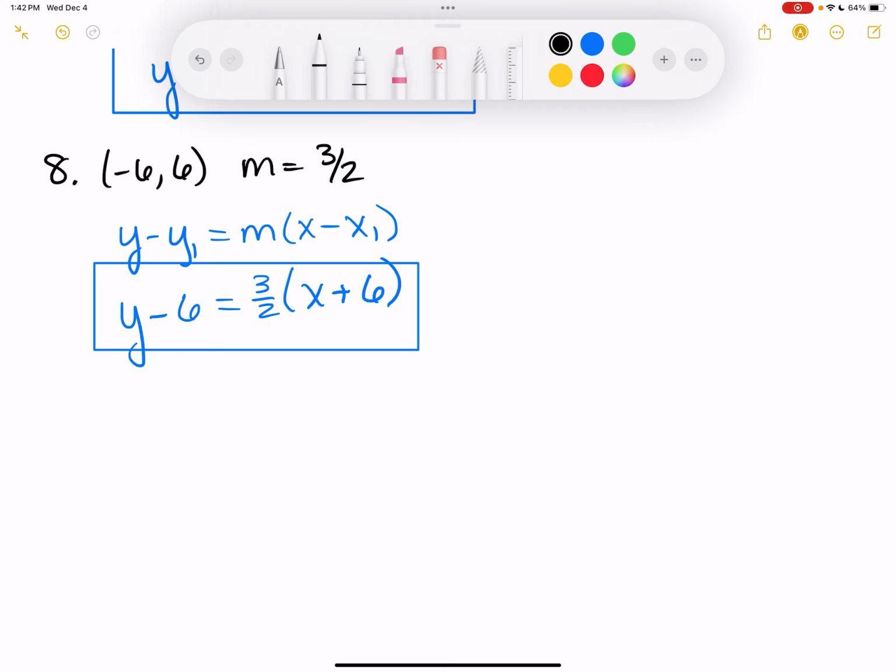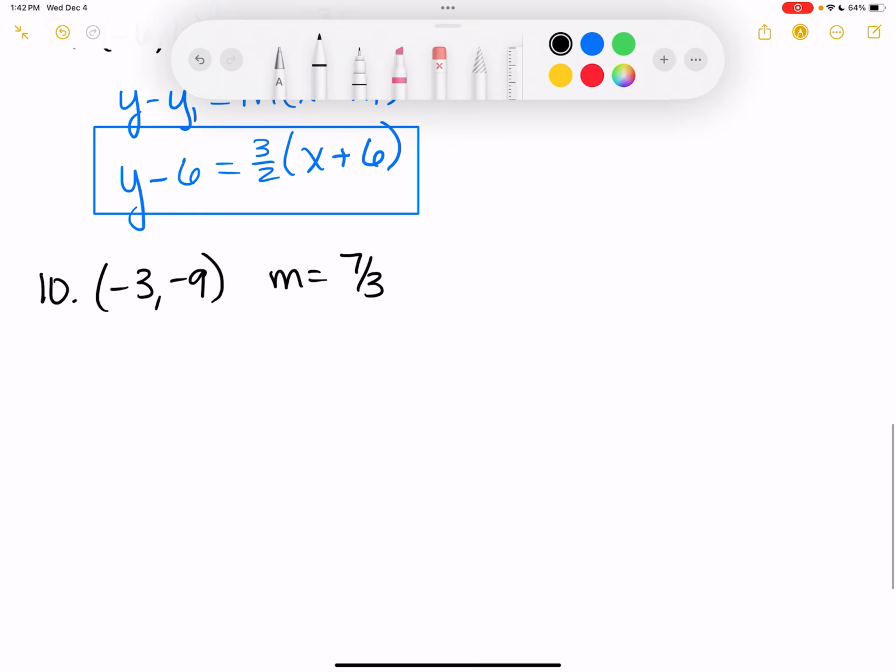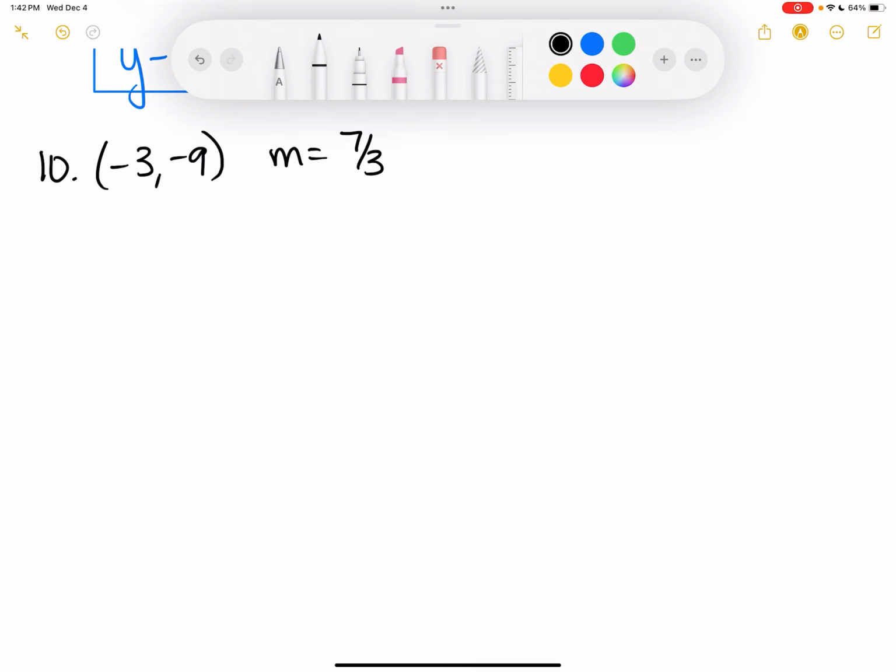All right, 10. I've got (-3, -9), and slope is 7/3. So without having the formula here, how would I write this? Y plus 9.